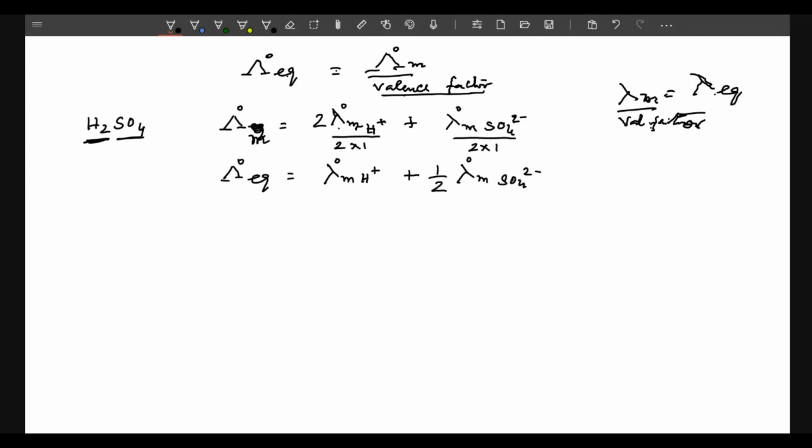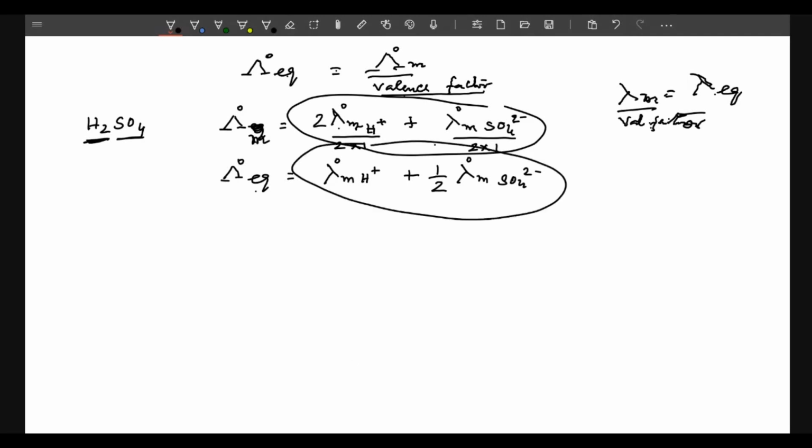Now note the difference between delta m and delta EQ. Then how is it possible to calculate delta EQ? First, you find out the value of delta m, divided by the valence factor of any one of the ions.